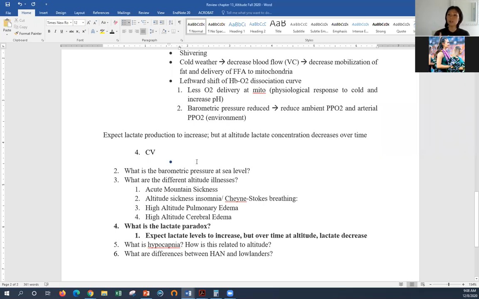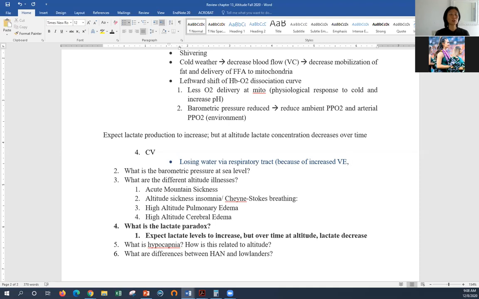Well, the increased ventilation that we are experiencing is increasing the amount of insensible water loss through our respiratory tract. So we're losing water through our respiratory tract because of our increased ventilation.